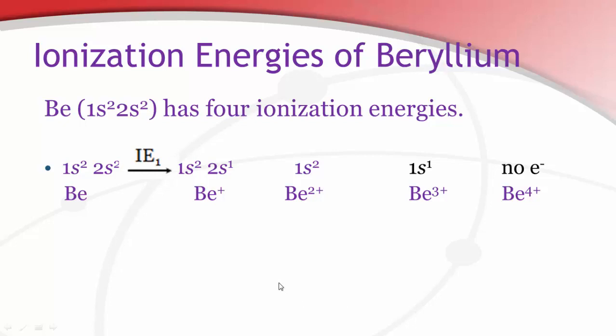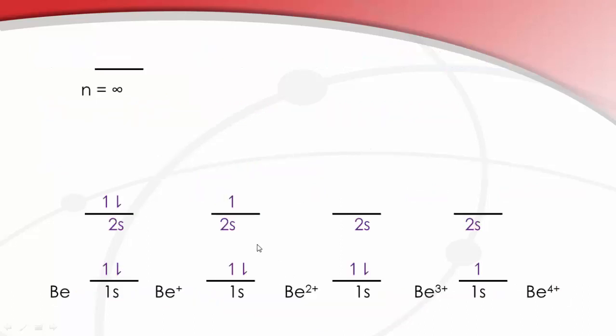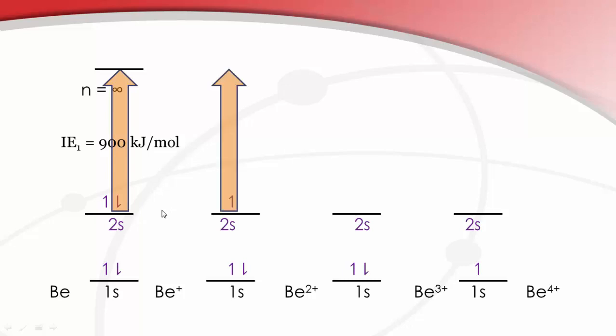Now, if we measure these ionization energies, we see something interesting. We can measure them, and then we can relate this back to the properties of the element itself. So when we measure the ionization energies for beryllium, kicking the first electron out to infinite distance, the ionization energy is about 900 kilojoules per mole.